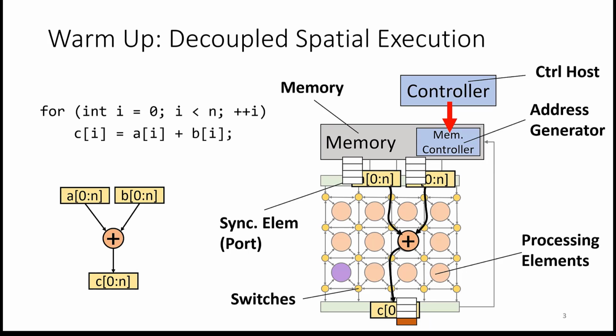In the rest of my talk, I will use the terminology port to refer to the synchronization element, since in our software interface, it serves more like a memory port, an interface to enter the spatial architecture, instead of a synchronization element.